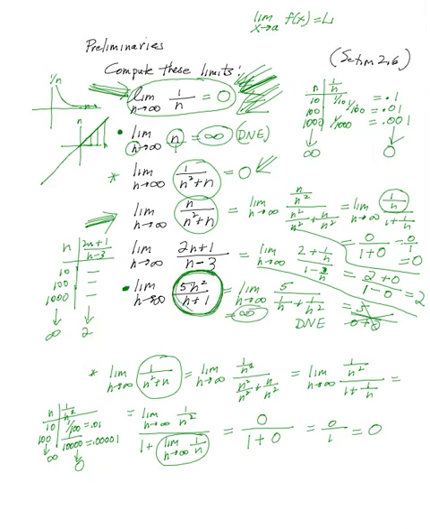But how about if the degree of the top, the numerator, is less than the degree of the denominator? Where did that happen? That happened here, here. Degree of numerator is less than the degree of denominator.